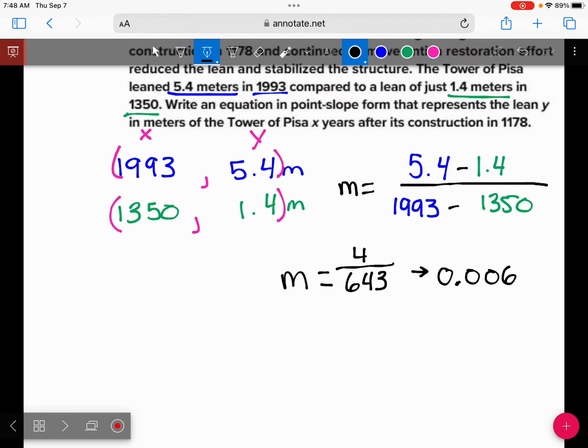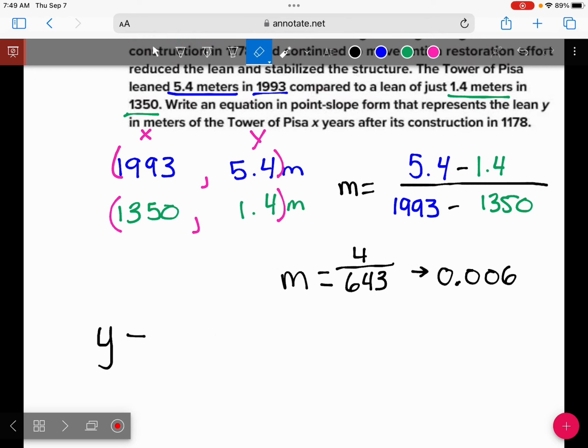So then we pick one of our years, one of our pieces of information to write our equation about. We're going to have our y minus one of our years. I picked 1993 because I actually remember that year. I know that year. Except that's not the right number because I'm paying attention.